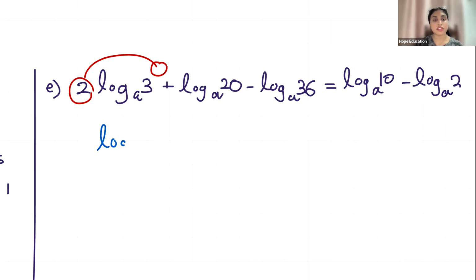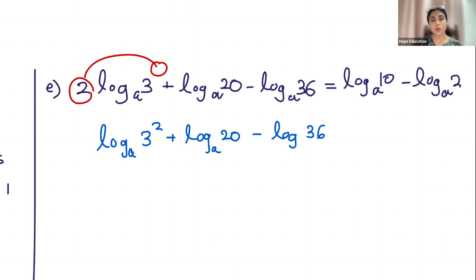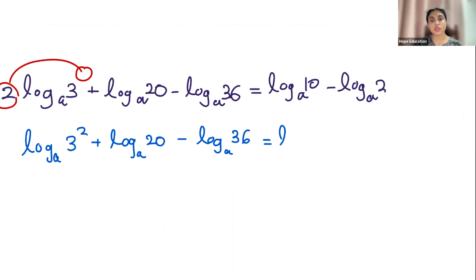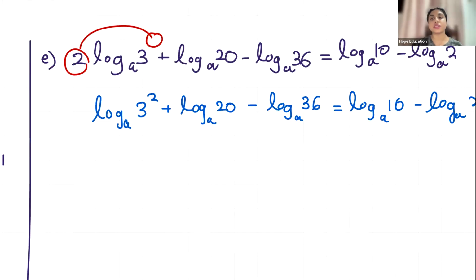Log 3 to the power 2 base A plus log 20 to the base A minus log 36 to the base A equals log 10 to the base A minus log 2 to the base A. So we know addition, when we expand addition, it becomes multiplication. When we expand subtraction, when you write it together, it is a division, right? So we will rewrite it that way because all of them have the same base.